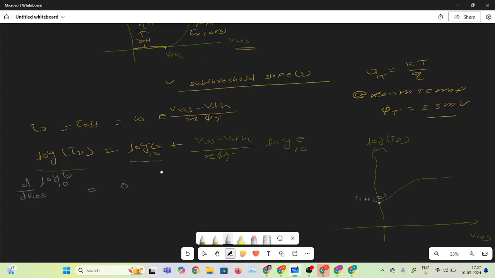Then for the next term, log e to the base 10 is a constant, and differentiation with respect to VGS is 1, so we get 1 over eta phi t. I hope you understand.